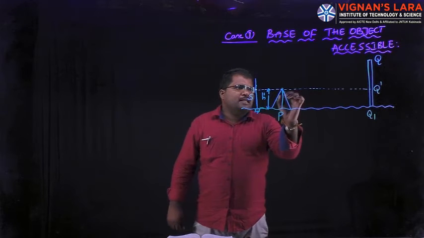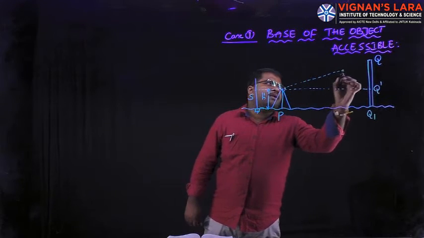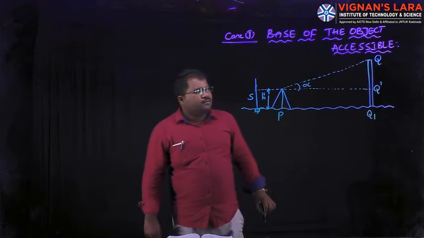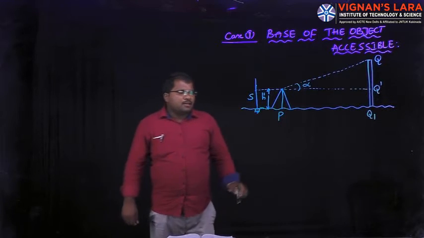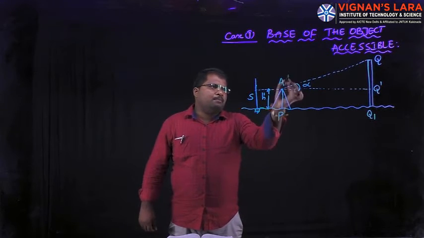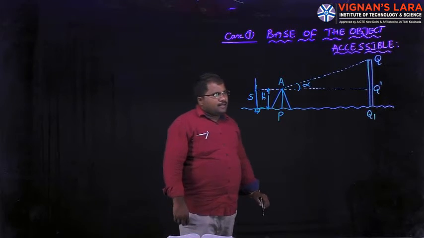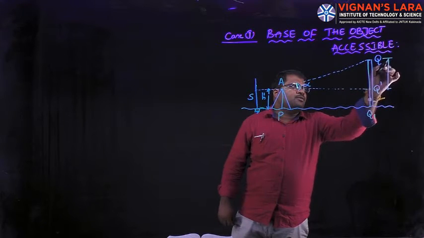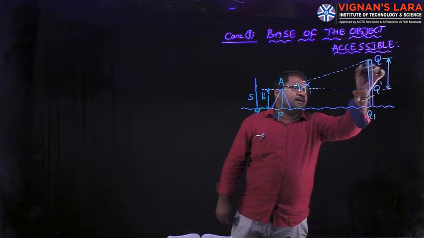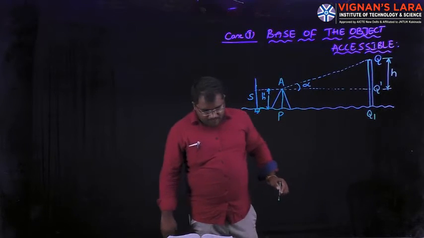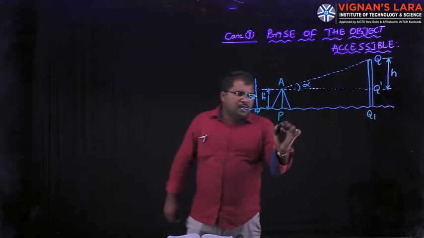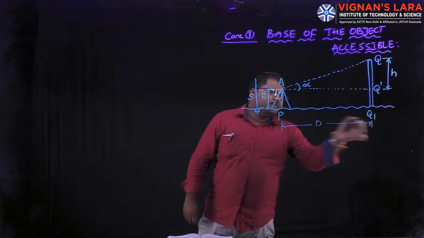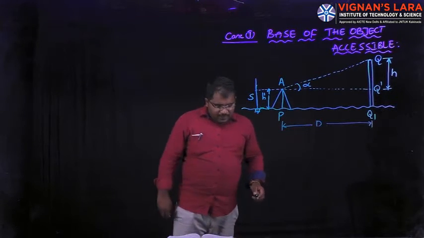If I am sighting from P to Q, I get the angle alpha. The center of the instrument is at point A. The level difference from this horizontal plane to the top of this vertical object I take as h. And the horizontal distance between the object and instrument is taken as capital D.